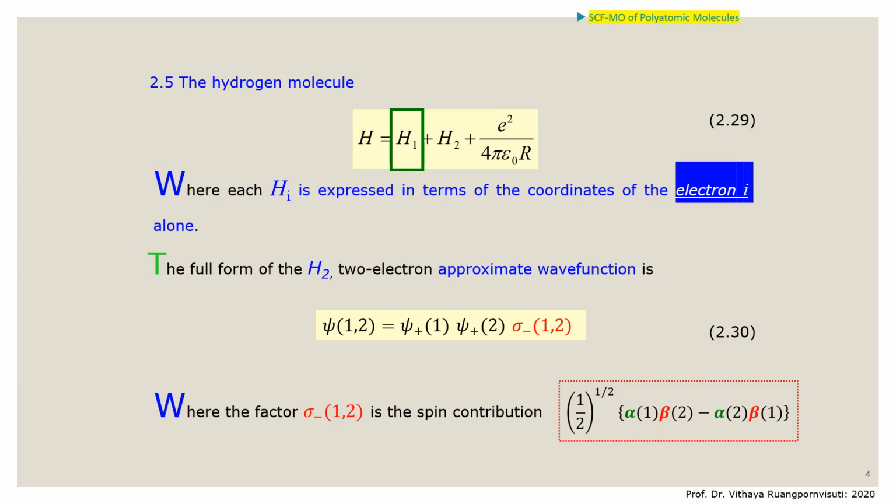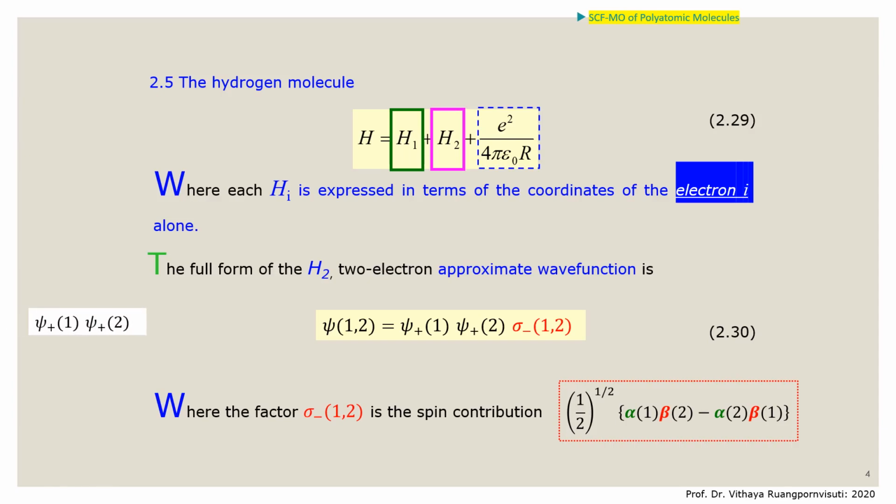It is equal to H1, the Hamiltonian of electron 1, plus H2, that of electron 2, plus the nuclear repulsion term, where each Hamiltonian Hi is expressed in terms of the coordinates of electron i alone.